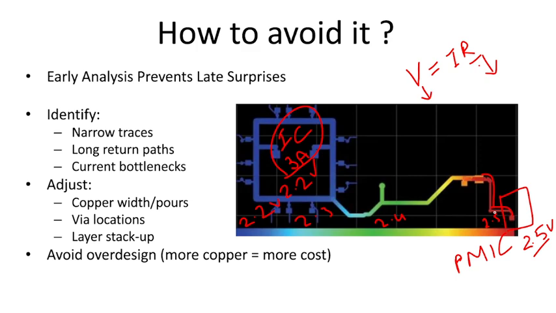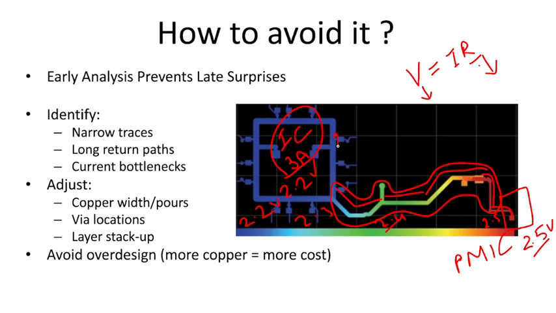In this way, if you widen these traces a little bit further, like this, or you try to have a copper shape like this, then we are going to experience a very good improvement in the voltage reaching the IC. So maybe now this may become 2.5 volts, and the moment the voltage reaches here, it may be 2.4 volts.